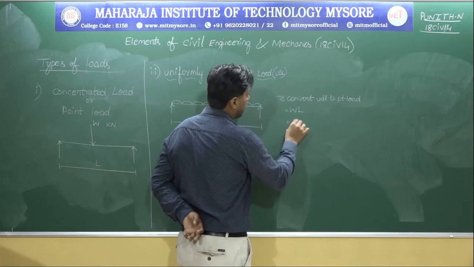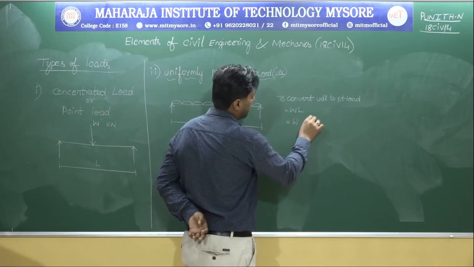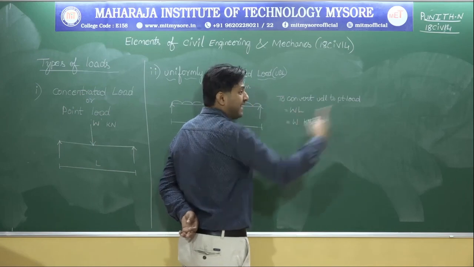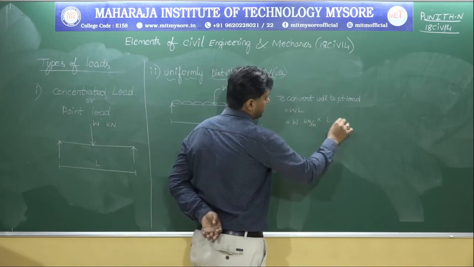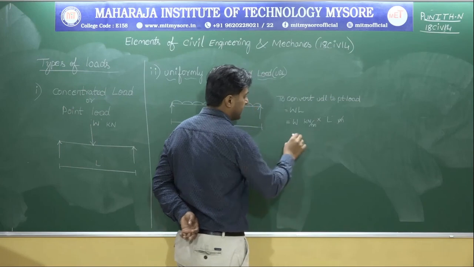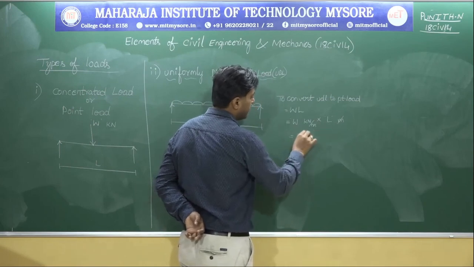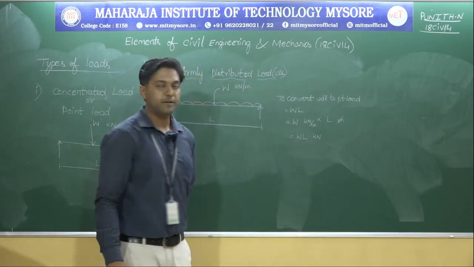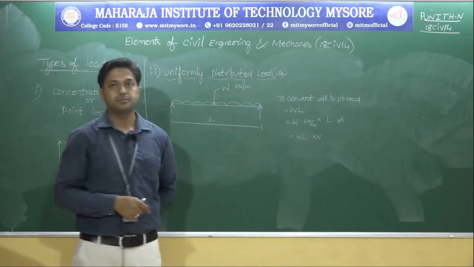As I have told you, W is kilonewton per meter. What is the unit of the span, length? In meter. So the unit M and M get cancelled. So it will be W into L kilonewton. Don't you think that it got converted into the point load?